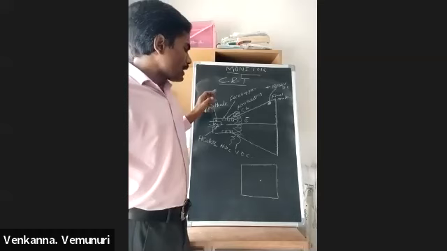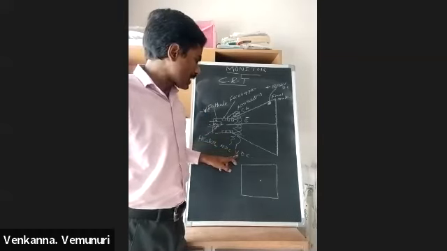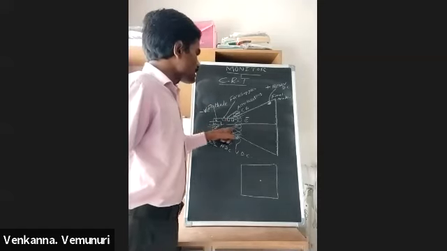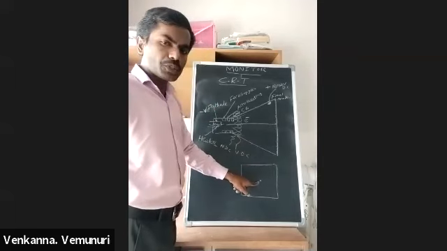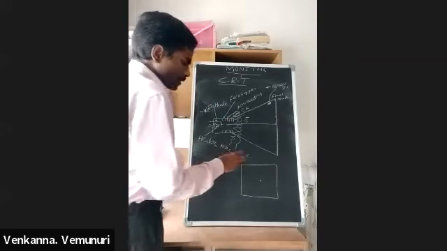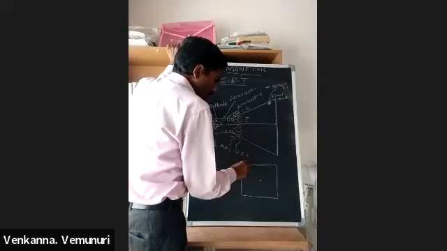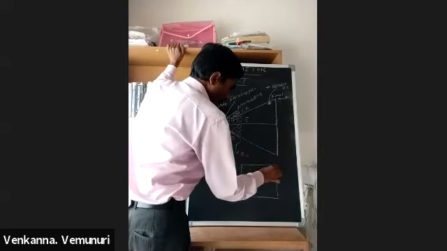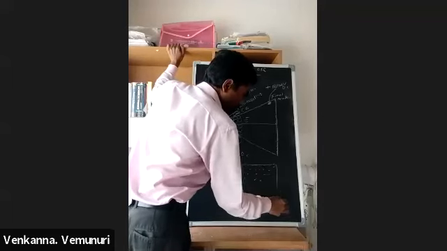Actually, if you are not applying any voltage to the horizontal deflection coil and vertical deflection coil, at that time this electron beam passes in a straight way and hits the center of this picture tube. Now I am deflecting this beam and scanning it from here. This is the starting point, and this is the ending point.